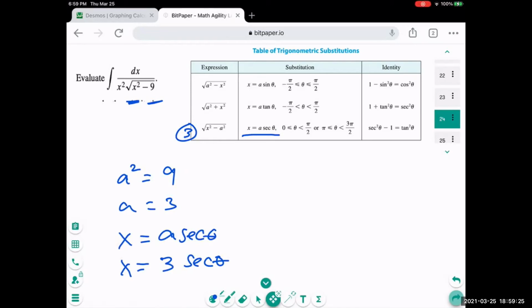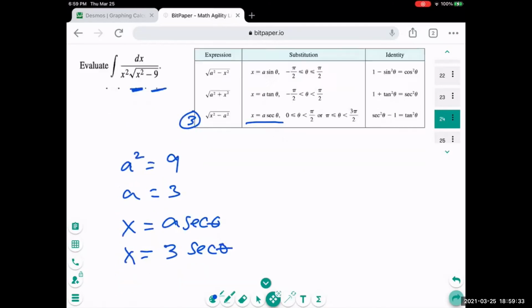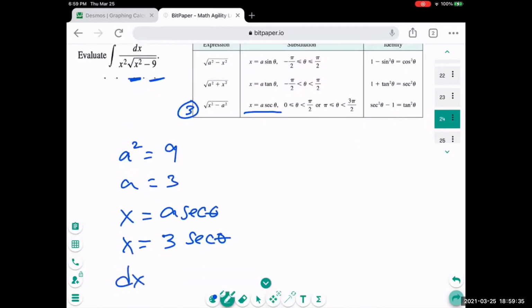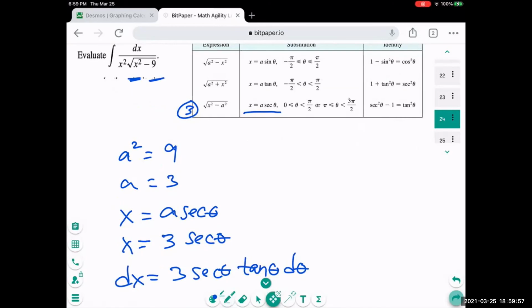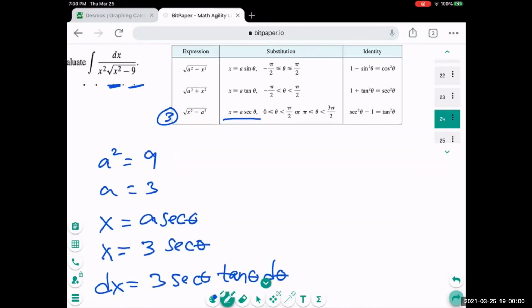Let's get the derivative of secant theta. The derivative is 3 secant theta tangent theta d theta, right? So now we're ready to transform our integral to trigonometric substitution. Let's do substitution and write it on the side.